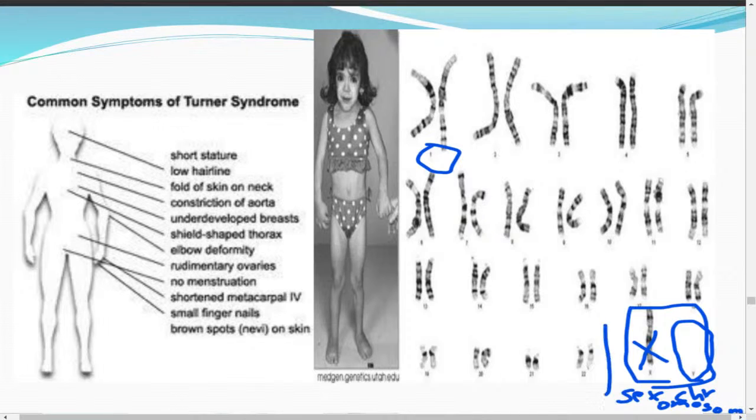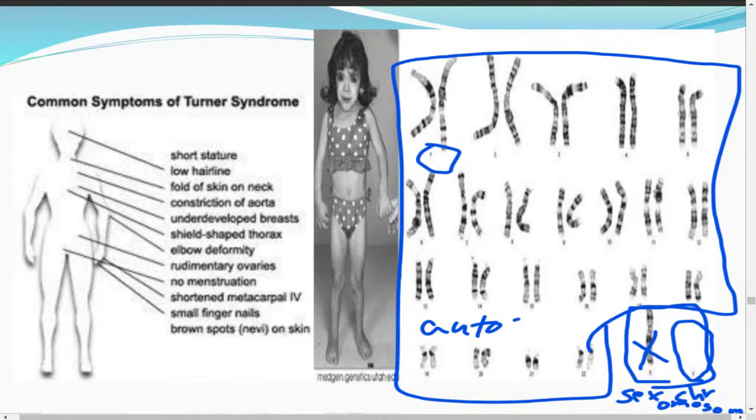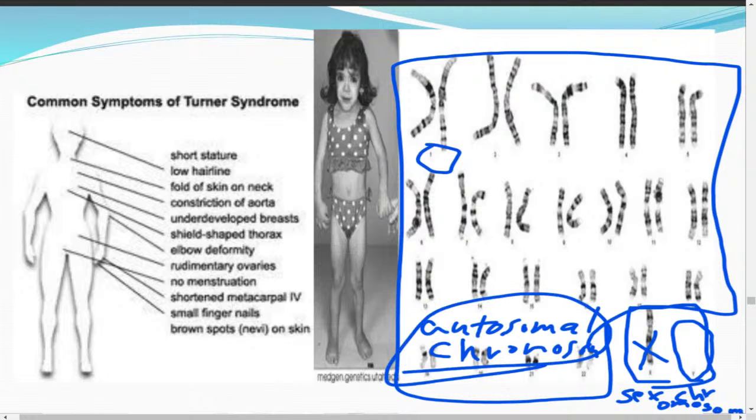And these are the autosomal chromosomes, which are intact and don't appear to have any difference.